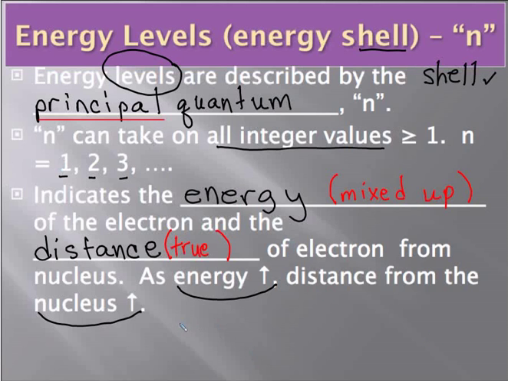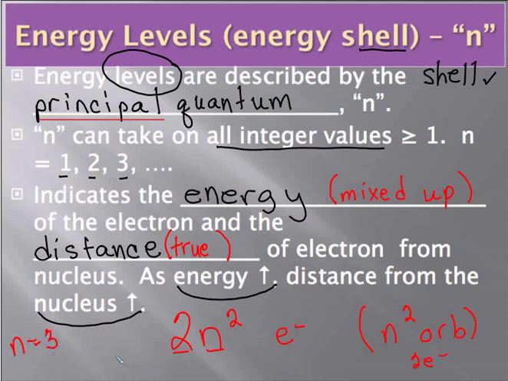Now, each energy level, if we look at the number of electrons, can accommodate up to 2n squared electrons. Now we're going to find that each one has n squared orbitals. Since each orbital will hold 2 electrons, that means we get 2n squared.